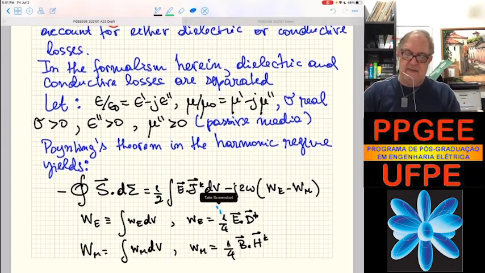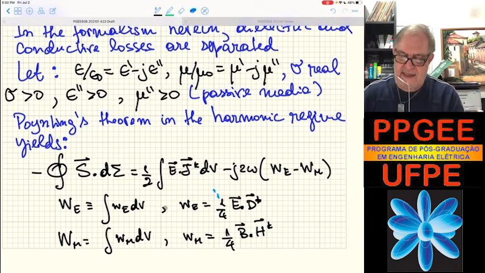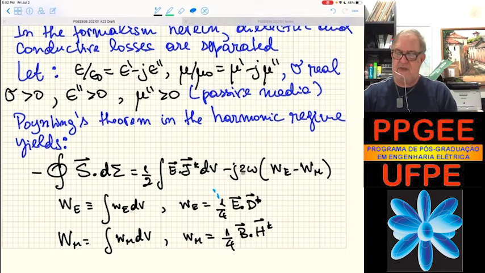So recall that the Poynting theorem in the harmonic regime has this flux, the power flow inwards a closed surface, equals this component, which is the exchange of energy between field and free carriers, right? And a difference between energies, magnetic and electric, minus j2 omega.